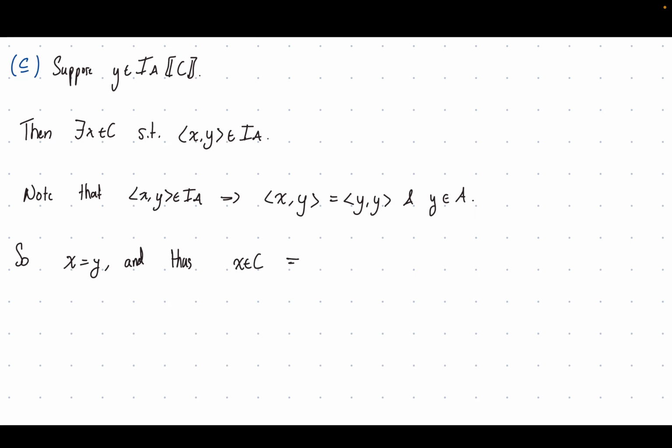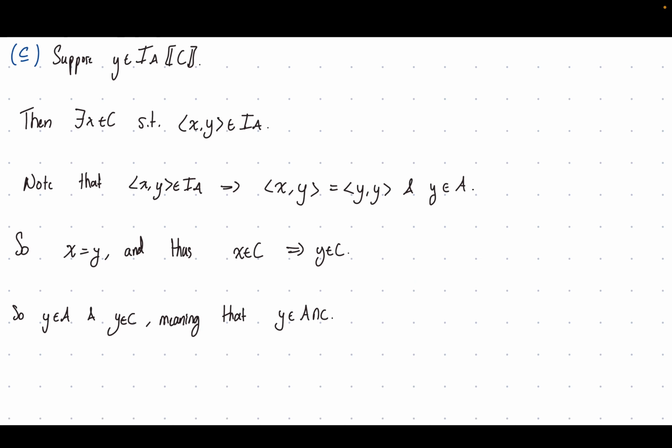And thus x being in C implies that y is also in C. So y is in A and y is in C, meaning that y must be in the intersection of these two sets.